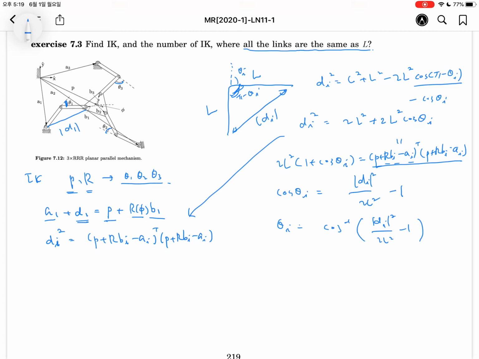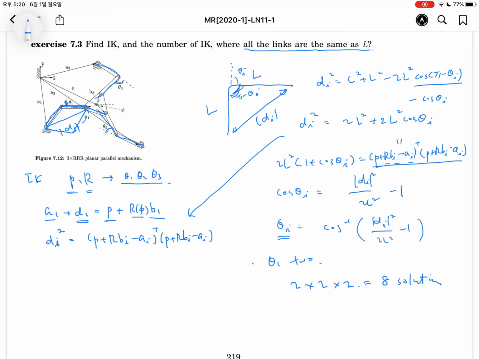Okay, the arc cosine will provide two solutions for theta i. It means it has two kinds of leg structure, the first one and the second one. So we have two solutions for theta 1. How about theta 2? It has 2 times 2 times 2 because it has 3 legs. So 8 solutions are possible, like this.